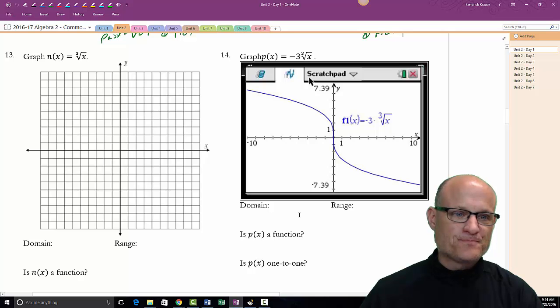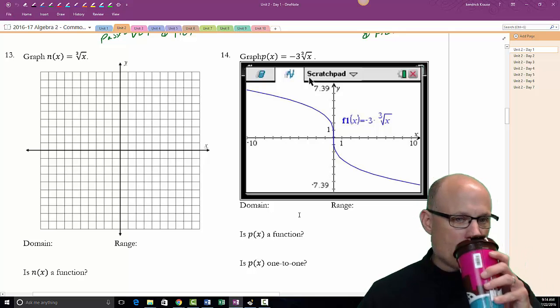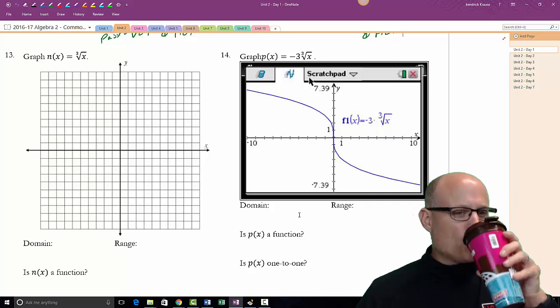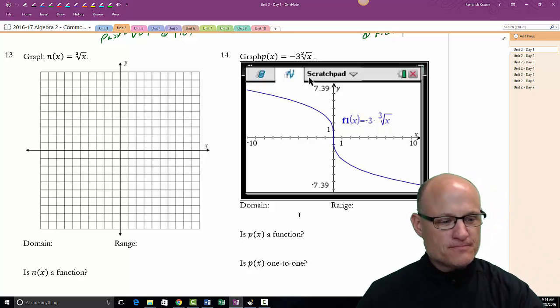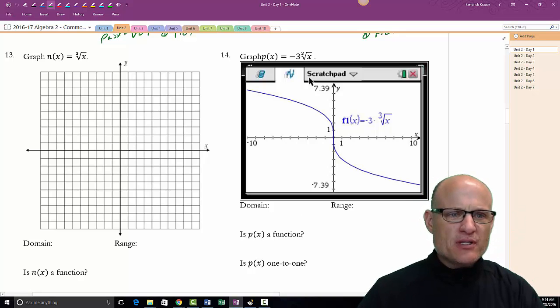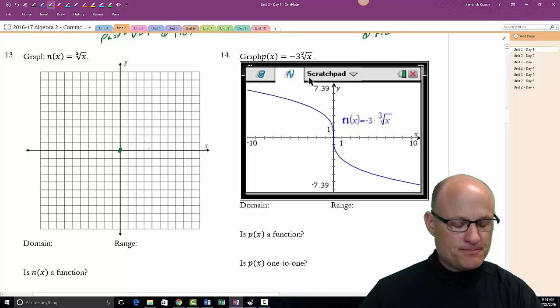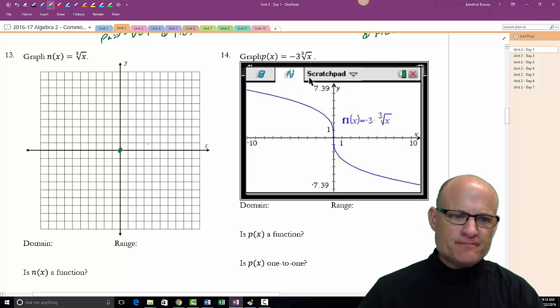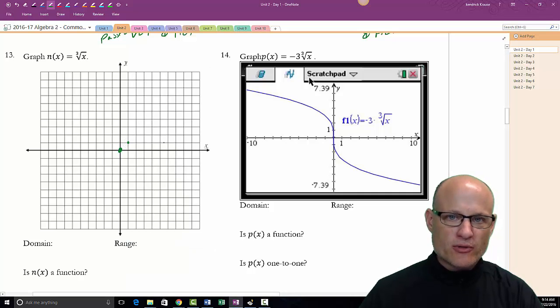Holy mackerel. What are we going to do with this? Well, let's plug in 0. 0 gives me 0. That's not a problem. Let's plug in 1. The cube root of 1 is 1. Anybody know off the top of their head what the cube root of 2 is? Or 3, or 4, or 5, or 6, or 7, or 8, or 9, or 10?